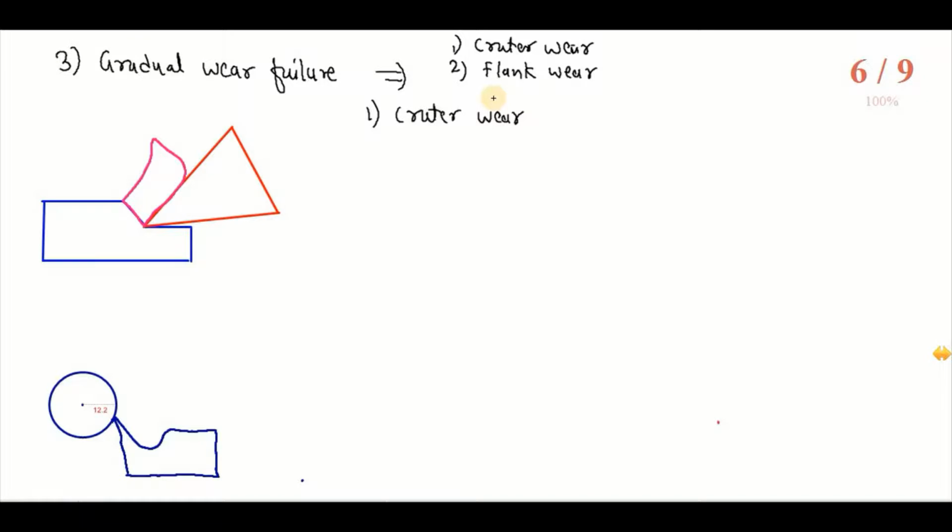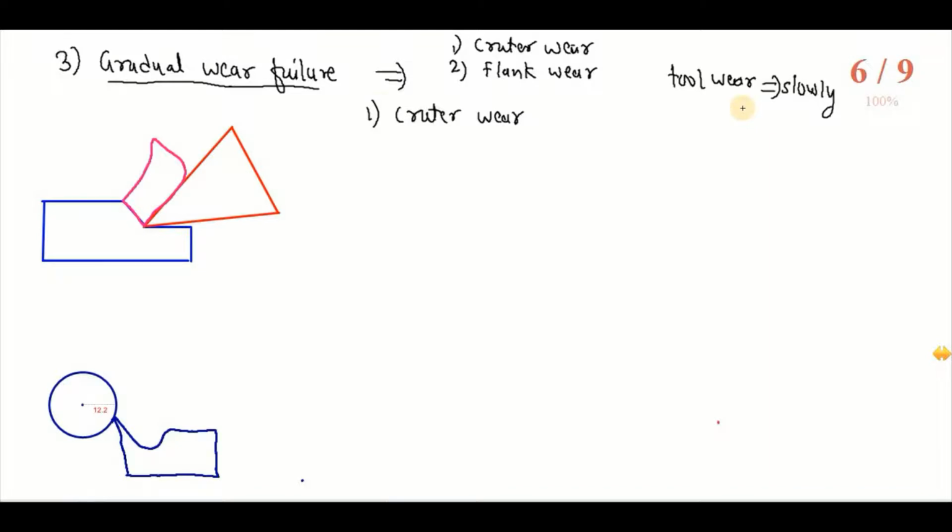So what is gradual wear failure? During the machining operation, the tool wears out slowly, and when the wear value becomes so considerable that the tool cannot perform the machining satisfactorily, that is called gradual wear failure.